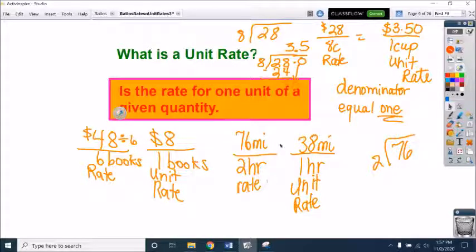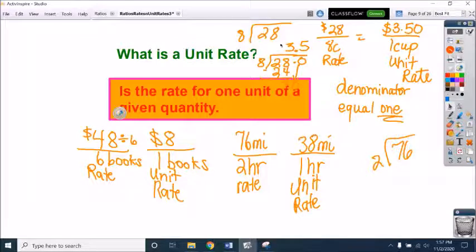Here, if I was traveling at a rate of 76 miles in 2 hours, that means that's my rate. I'm going 38 miles in 1 hour. This is my unit rate. And up here's for my cups of hot chocolate, I believe it was. If I pay $28 for 8 cups, I'm going to divide both of those by 8.